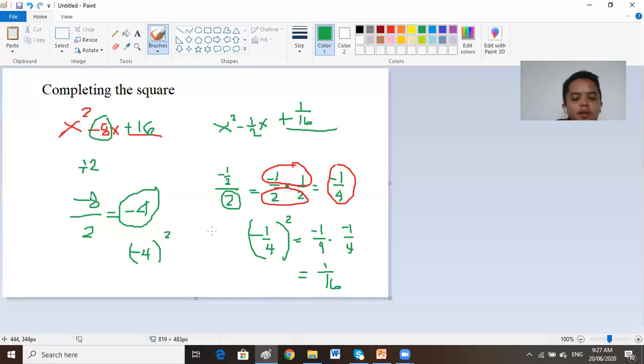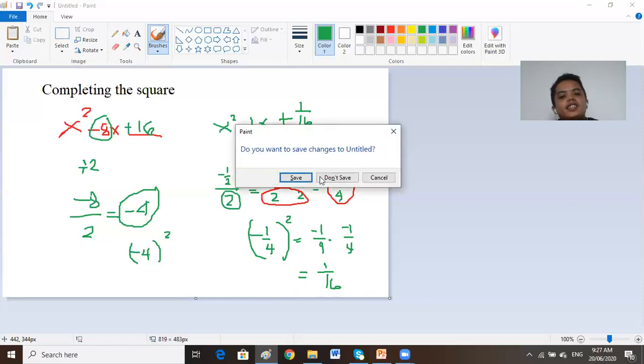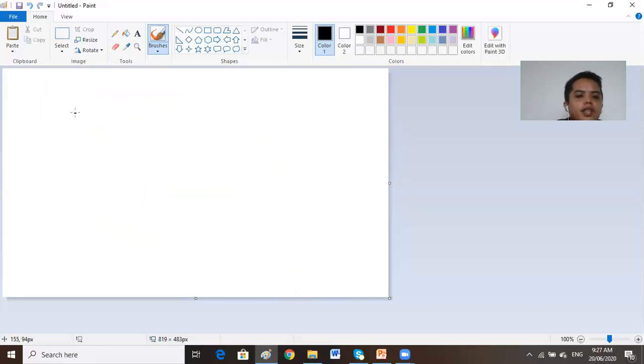So one more example to make it clear. For another example, here is y^4 minus 12y. So to make it a perfect square trinomial, by completing the square, you divide negative 12 by 2.